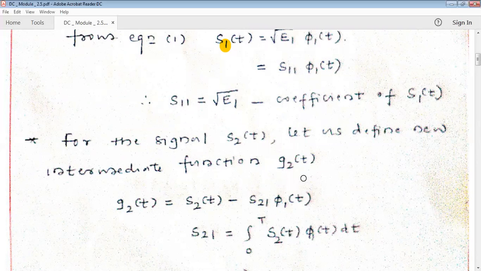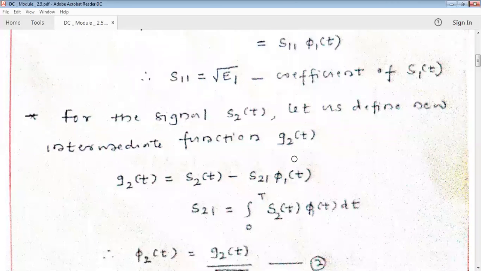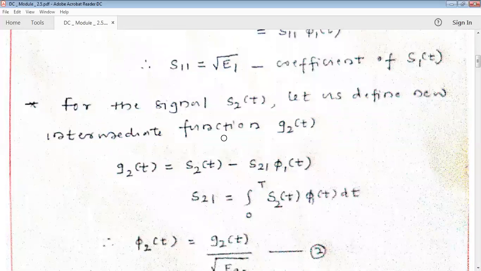To find the second basis function phi2 of t, we need a new intermediate function that relates the second signal s2 of t with the coefficient of the first signal as well as the first basis function, which is given by g2 of t is equal to s2 of t minus S21, the first coefficient of this signal s2 of t, multiplied by the previous basis function, that is phi1 of t.